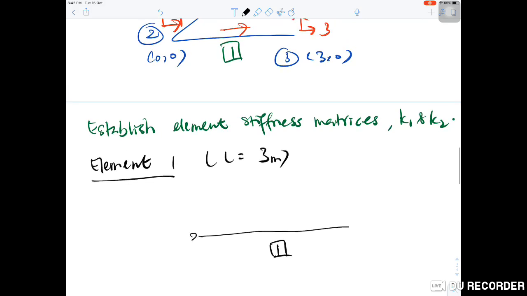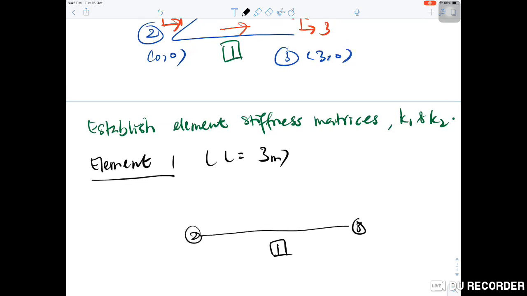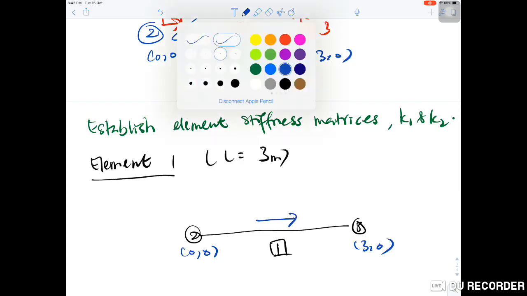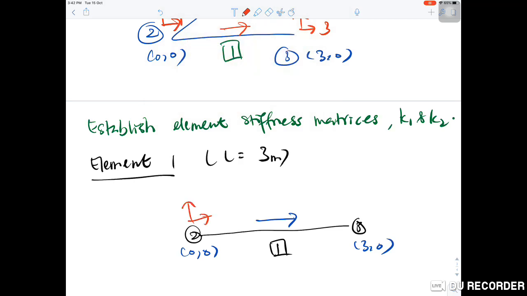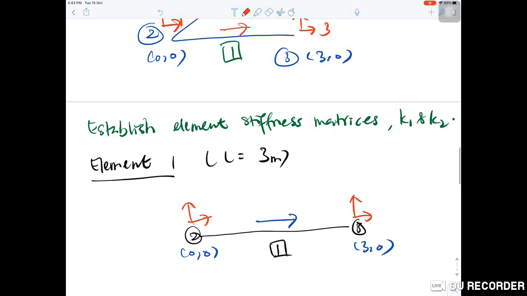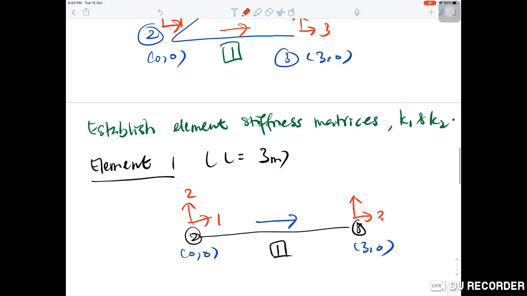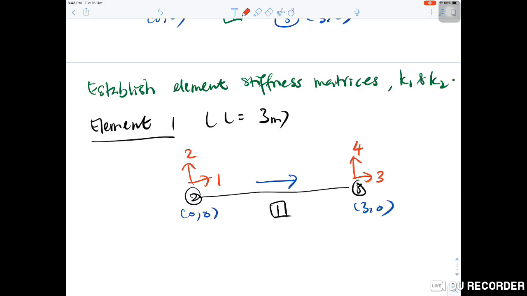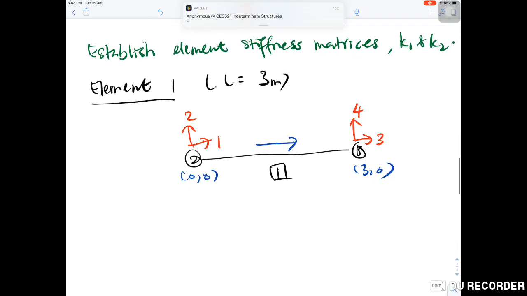This is node number 2, node number 3, 0, 0, and 3, 0. The arrow is like this, and the DOF is 1, 2, 3, 4. We have node number, element number, degree of freedom, arrow, and coordinate. So we have complete 5 pieces of information in this element.